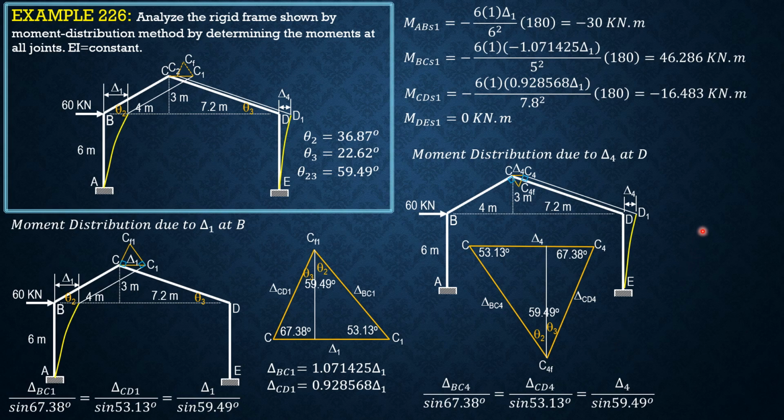So delta BC4 in terms of delta 4 is 1.071425 delta 4, and delta CD4 is 0.928568 delta 4.